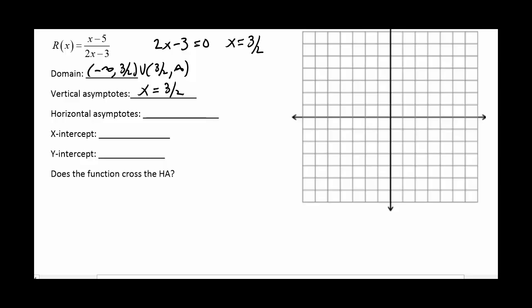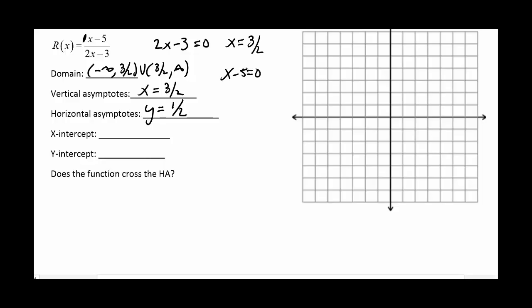HA, okay, this is what we consider to be a same case. So in the same case, I look at the highest exponents and I look at their leading coefficients. So in this case, it's y equals, up top I have a 1 over 2. So y equals 1/2. X-intercept, I look at the numerator.